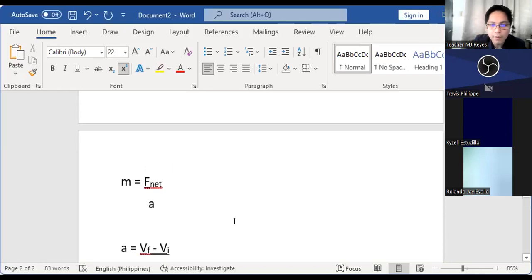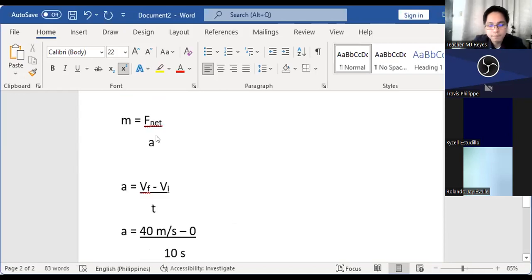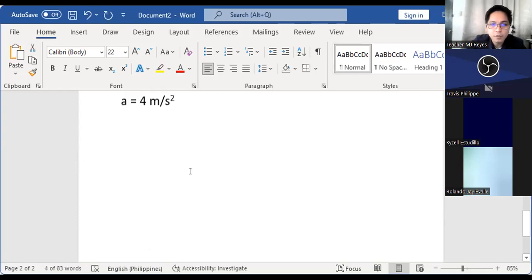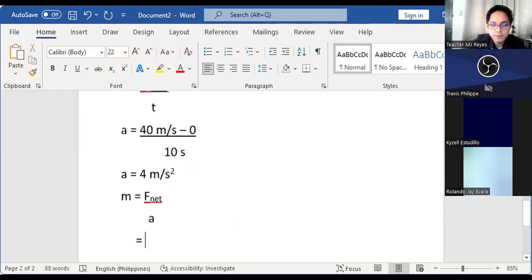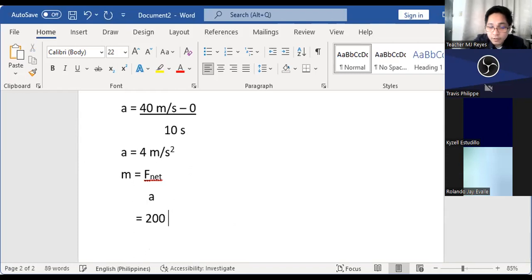So we can now use this formula since we already have the value of a, correct? Mass is equal to the net or external force. What is your external net force? 200 Newton, divided by your acceleration, 4 meters per second squared.